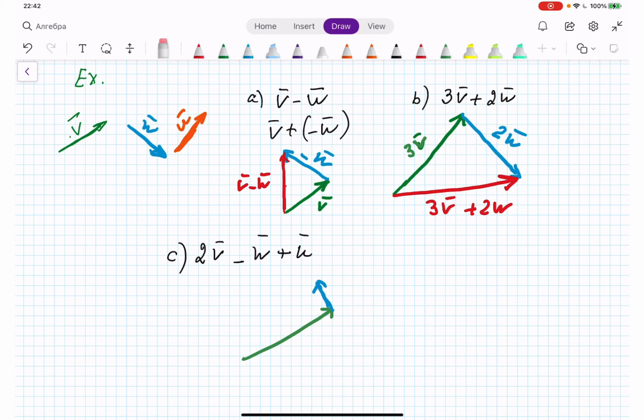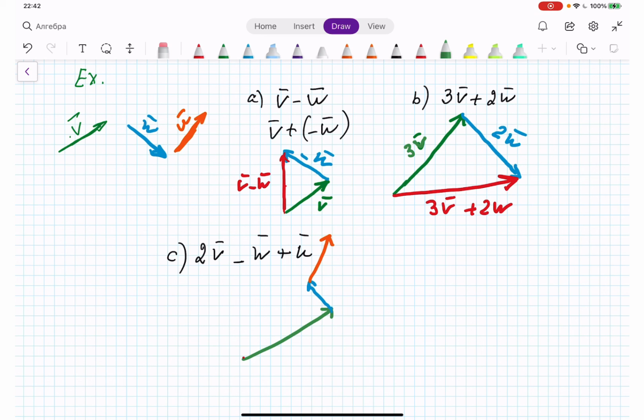This is going to be negative W. And adding to it a vector U. So the result is going to connect from this end, the beginning of, oh, I didn't write down.